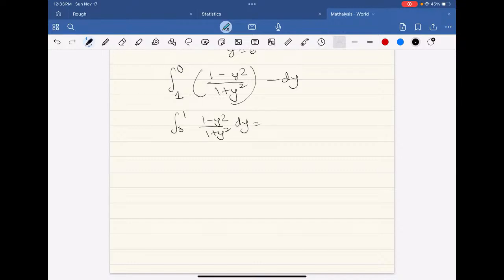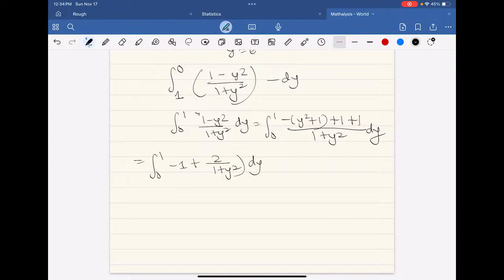Now I can write this as the integral from 0 to 1 of negative of y square plus 1, and again, since I introduced this minus 1 myself, I need to write plus 1 and then plus 1, this original plus 1, by 1 plus y square dy. So now this will be the integral from 0 to 1 of negative 1 plus 2 divided by 1 plus y square dy, right?